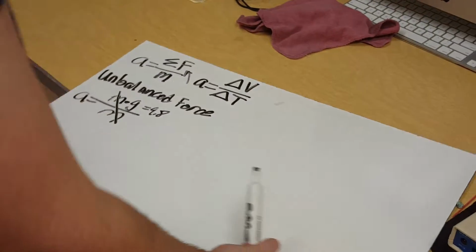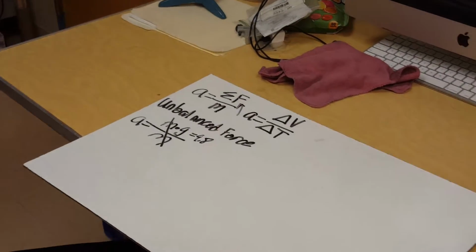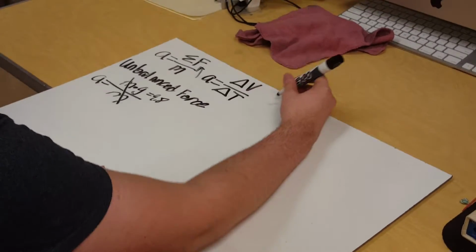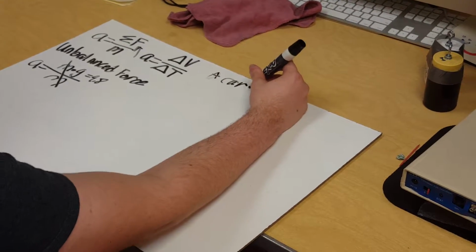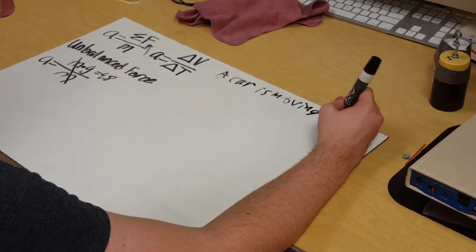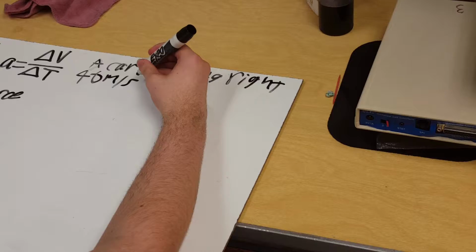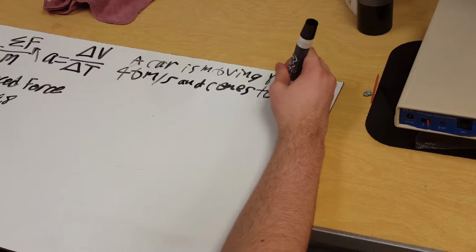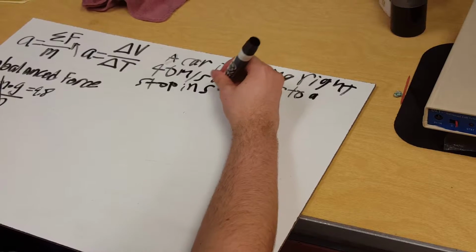So now that you've learned what acceleration truly is, now we'll finally learn how to use it in an actual problem. Yep. So our problem will be a car, sorry for the bad handwriting. Yeah, it's fine. Moving right at 40 meters per second and comes to a stop in 5 seconds.